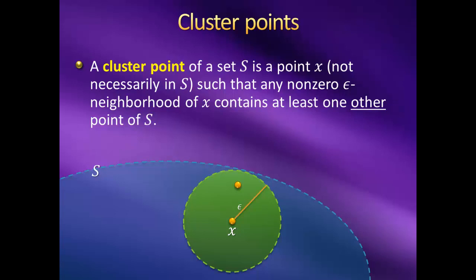In fact, this implies something rather interesting. If there's at least one other point in the neighborhood of a cluster point, then there's actually an infinite number of other points in that neighborhood. Why? Well, suppose that weren't the case, and instead there were a finite number of points around our cluster point. We can measure the distance from each of these points to our cluster point.